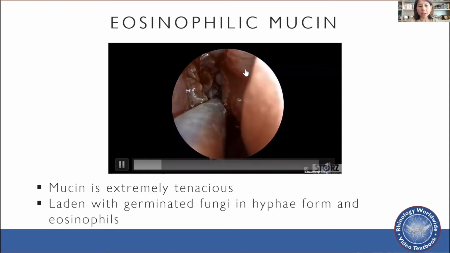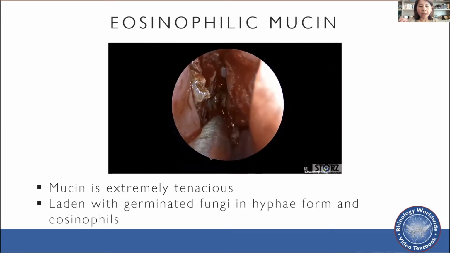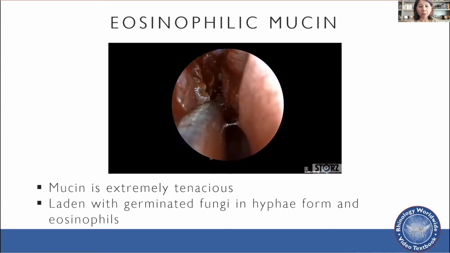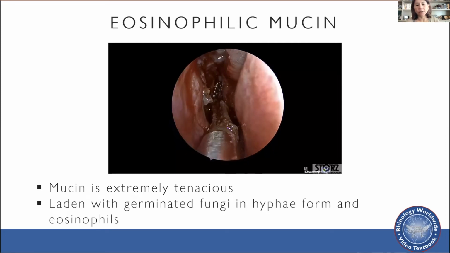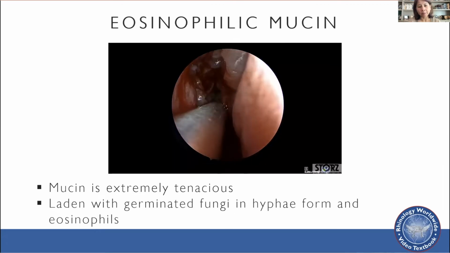And you see this suction going into this ethmoid cavity. And this is the characteristic, really tenacious eosinophilic mucin that we find in allergic fungal, at least in the classic presentation of it.